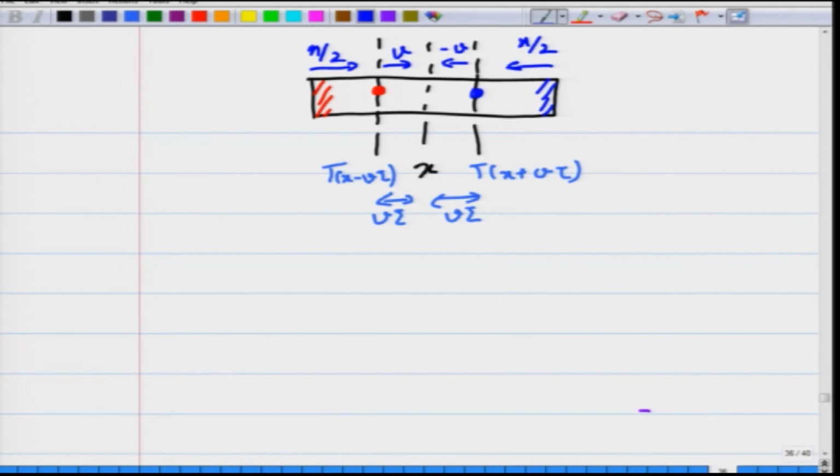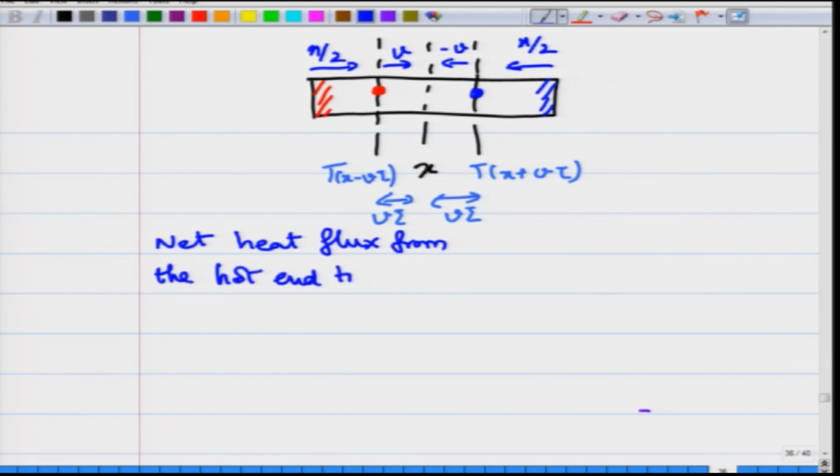So, we can write down the net heat flux from the hot end to the cold end.